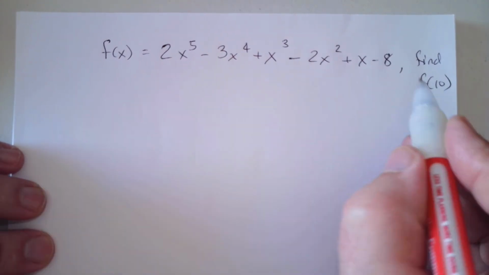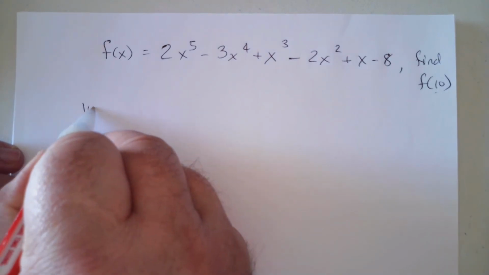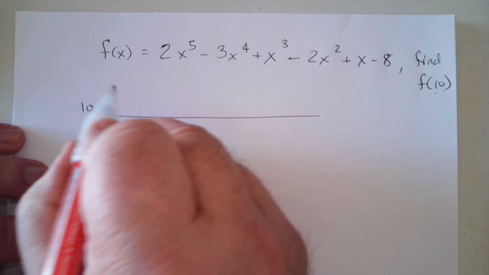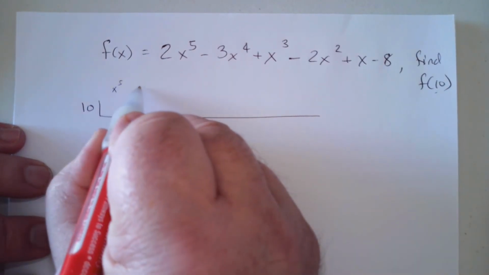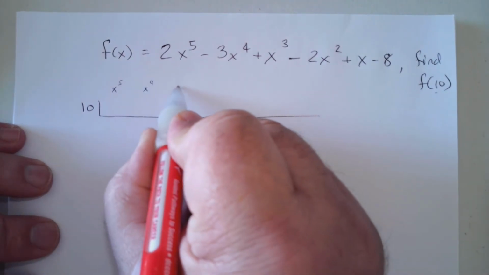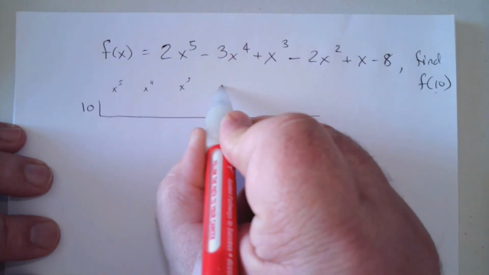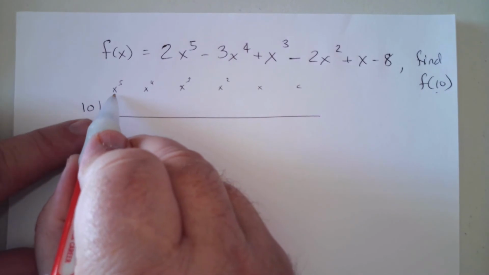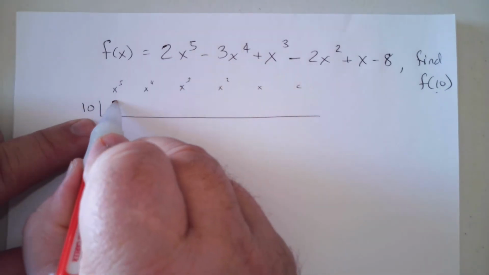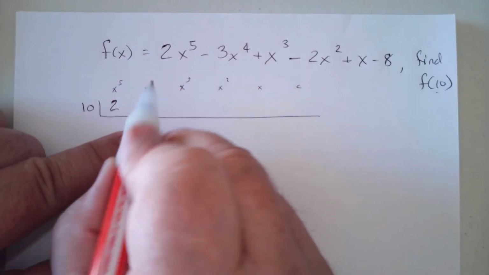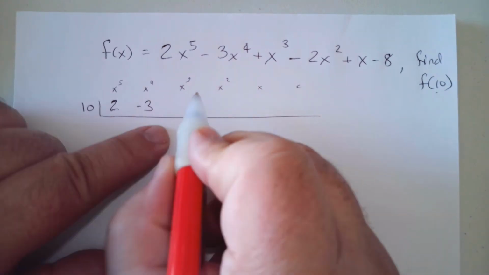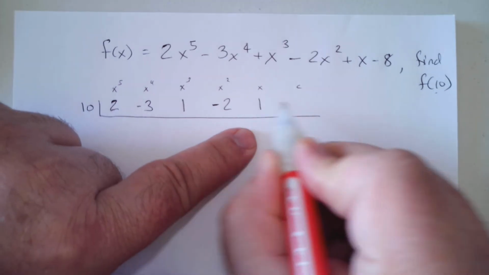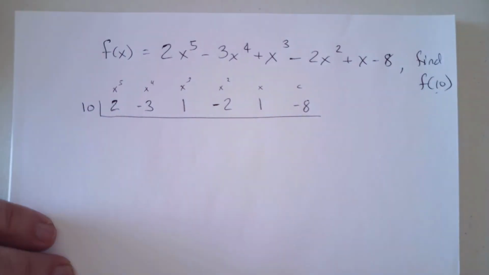Alright, so since this is f of 10, I have 10 there. This is the highest exponent, x to the 5th, x to the 4th, x to the 3rd, x squared, x, and constant. So the coefficients are positive 2, negative 3, 1, negative 2, 1, negative 8.